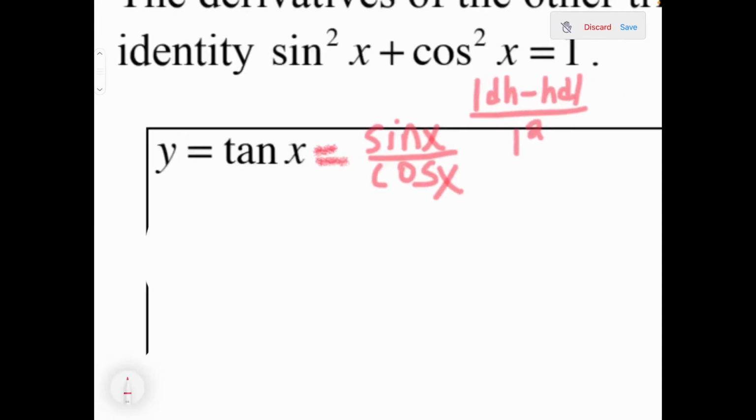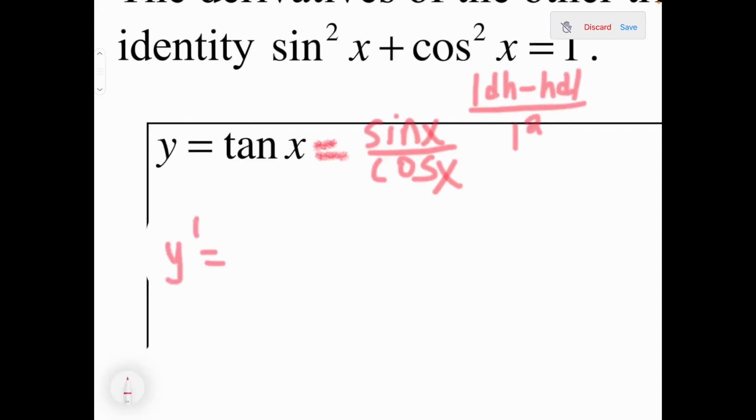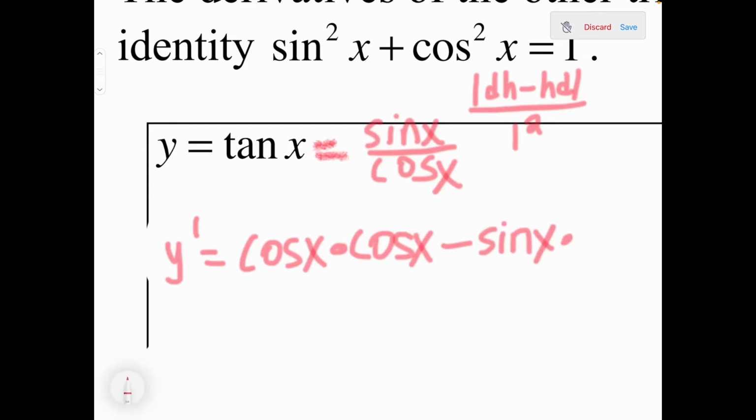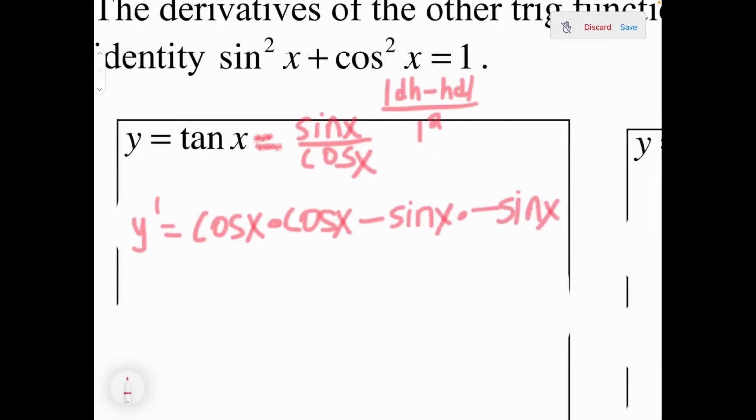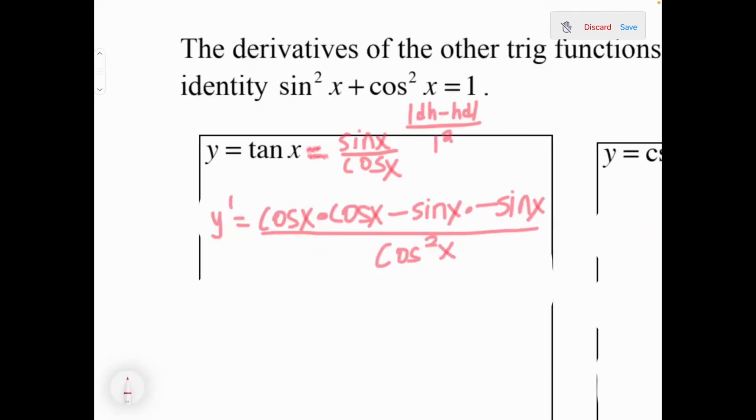So y prime would be equal to cosine x times the derivative of sine x, which is cosine x, minus the top, sine x, times the derivative of cosine x, which is negative sine x, all over the denominator, which is cosine squared x.